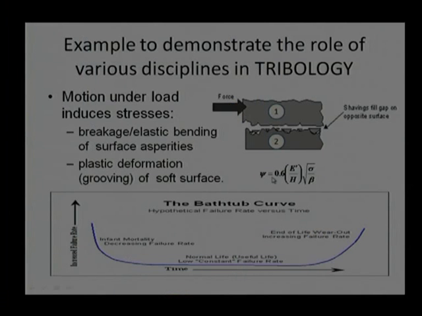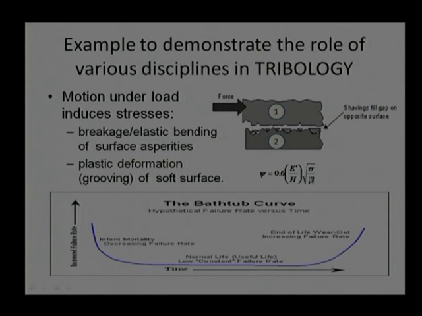Here, psi is equal to 0.6 times E divided by H. Here E is the Young's modulus, and this is a composite, or effective, Young's modulus. It accounts for both surfaces, including the Young's modulus of both surfaces as well as the Poisson ratio of the surfaces.